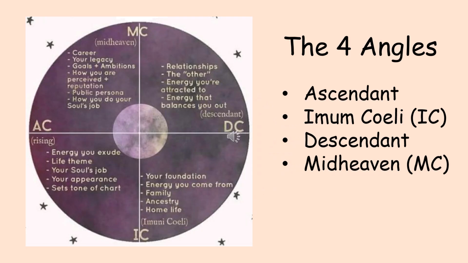The 4 angles of the chart are determined based upon the individual's exact moment of birth. Specifically, it's based on what was the ascendant, or what sign was rising on the eastern horizon at the moment of the person's birth.